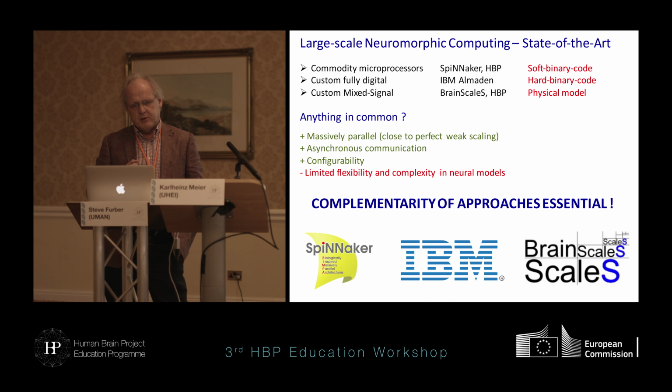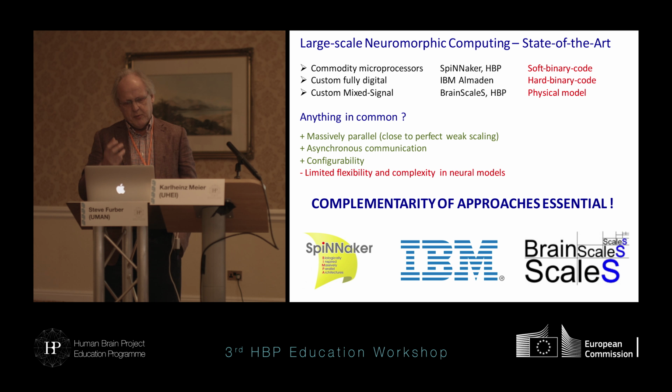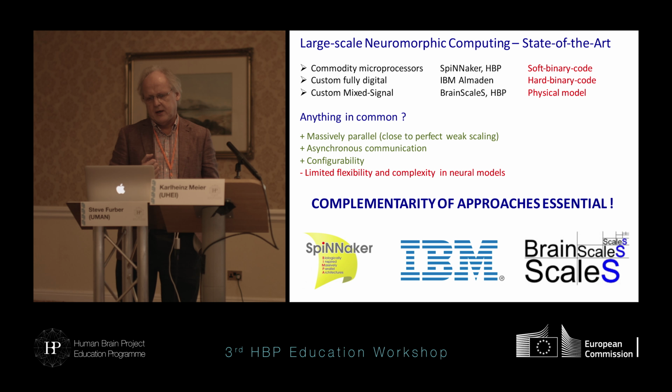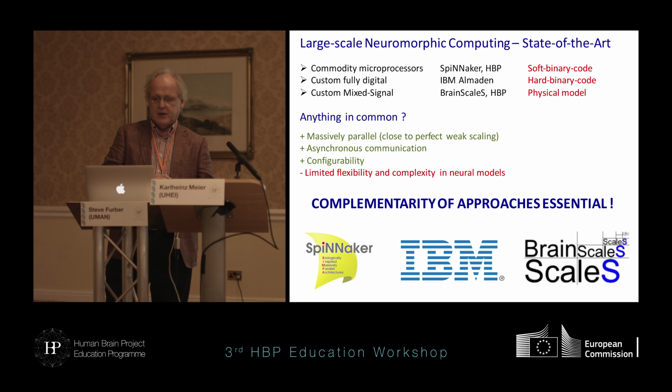A fully digital implementation has been built by IBM. This is embodied in their True North chip. And there they've reduced the flexibility, so they've fixed a whole lot of functions into the hardware, and that allows them to get much larger neural systems onto the same piece of silicon.